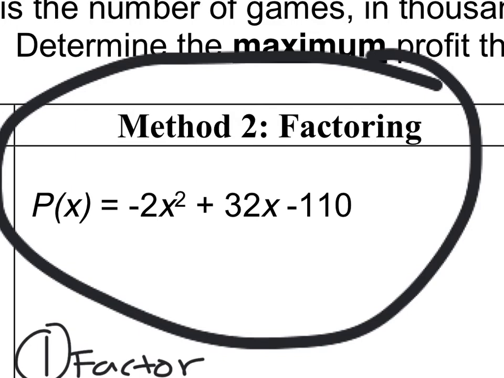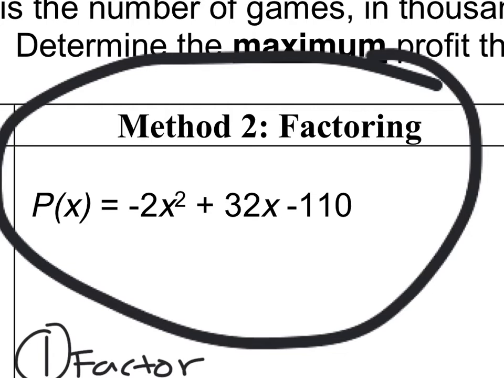I want you to try to use the steps that we've done throughout this unit for negative 2x squared plus 32x minus 100 and be able to solve for the zeros and then ultimately determine if we've got a maximum or a minimum and where that maximum or minimum occurs. That's asking you to solve for the vertex. Okay, so pause the video now and try this one on your own.